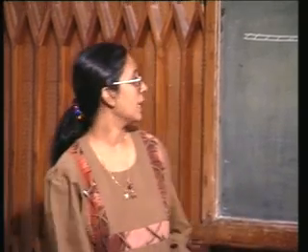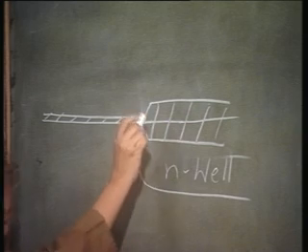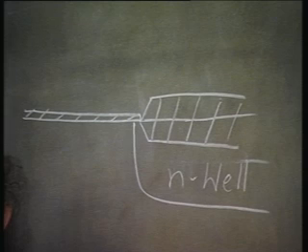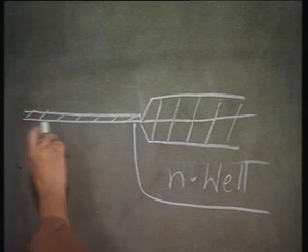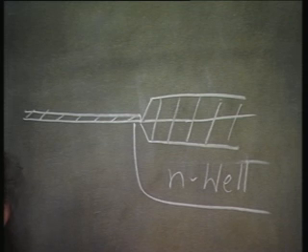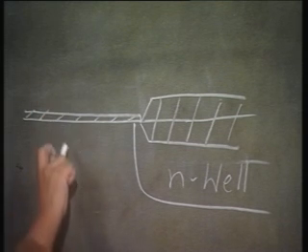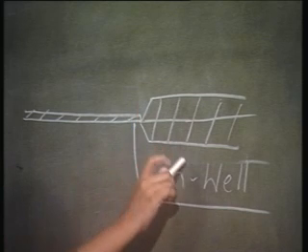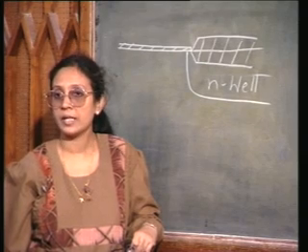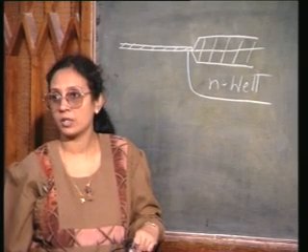Now, I have grown a thick oxide on top of the Nwell, while on top of the rest of the portion there is only a very thin oxide. So, the implantation energy is such that it can penetrate this thin oxide, but it cannot penetrate this thick oxide. So, now when I want to carry out the P-well implantation, I do not have to bother about any mask. I can do a blanket implantation.